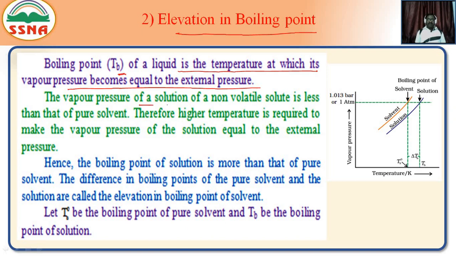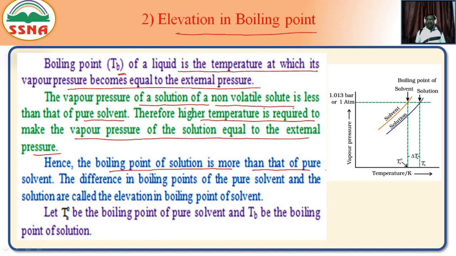The vapor pressure of a solution of a non-volatile solute is less than that of the pure solvent. Therefore, a higher temperature is required to make the vapor pressure of the solution equal to the external pressure. Hence, the boiling point of the solution is more than that of the pure solvent.